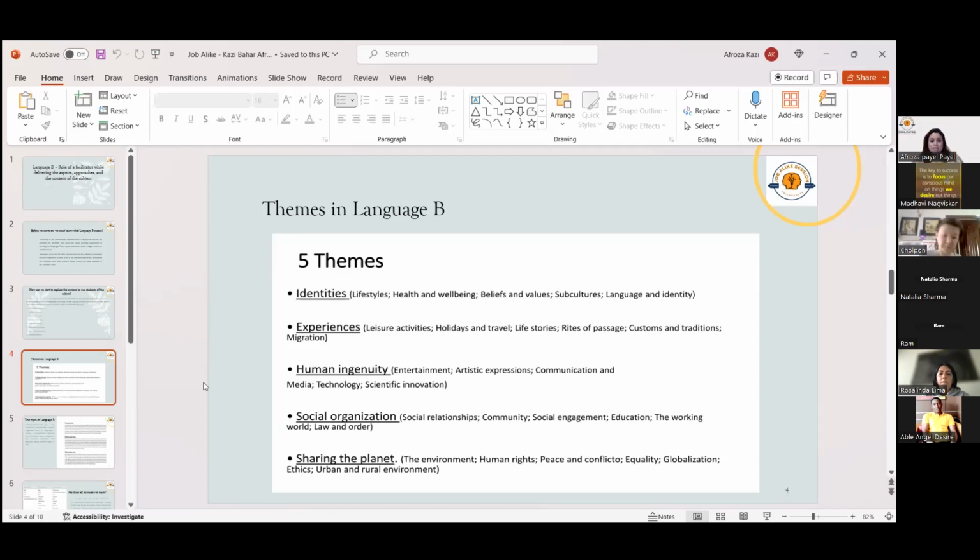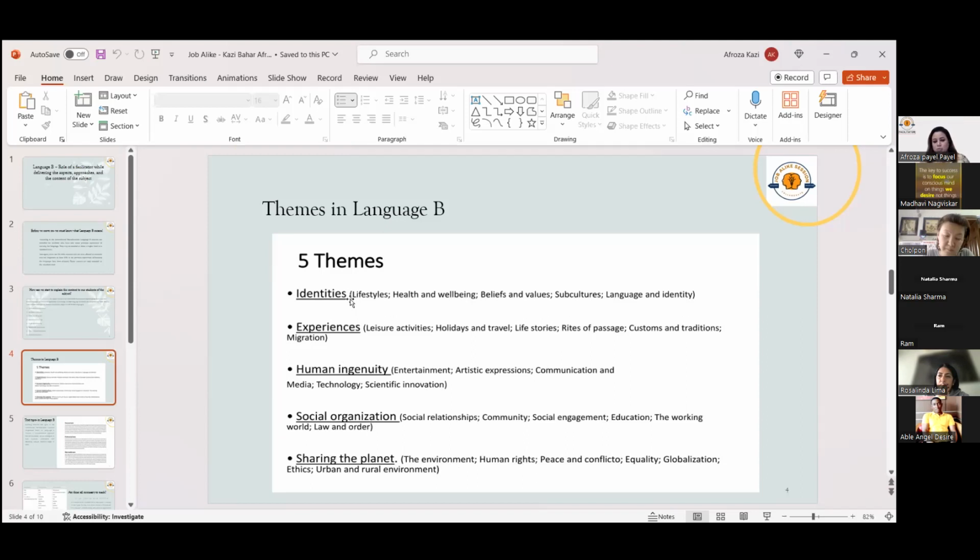So in the context of DP, there are five themes that we must teach throughout the 2 years. As Ram also mentioned, sharing the planet, the environment, he already mentioned. We teach these in every curriculum from PYP to DP.